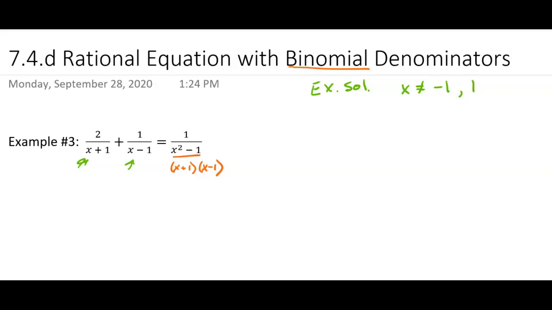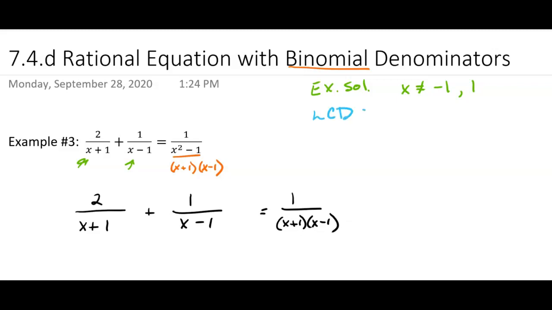All right. Now I'm going to recopy the problem so I can leave a little bit of room because I'm going to have to multiply by the LCD. Okay, the LCD is going to be x plus 1 times x minus 1.